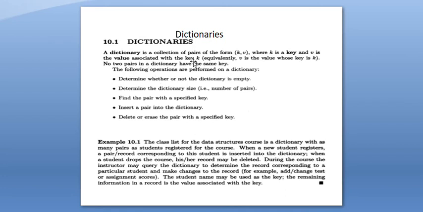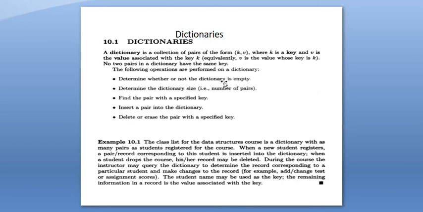Based on the key, we will search whether the pair is available in the database, where a pair has to be inserted, or whether you want to delete a pair in the database. These are some of the functions which are essential when you are constructing a data structure like a dictionary.